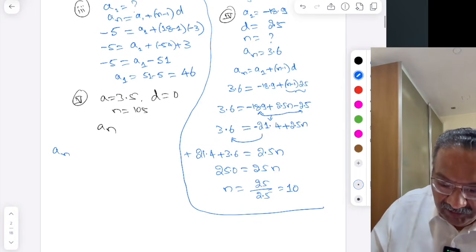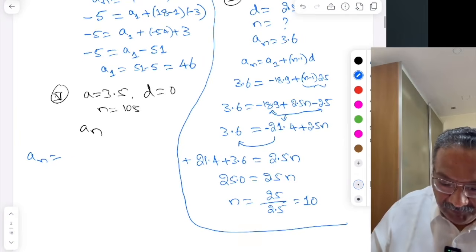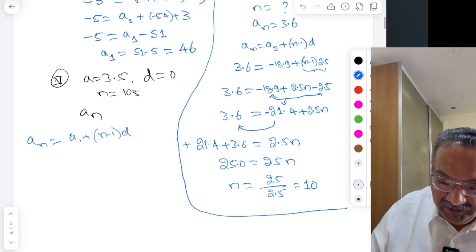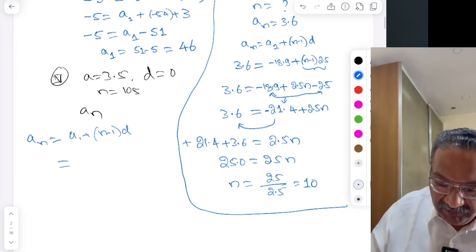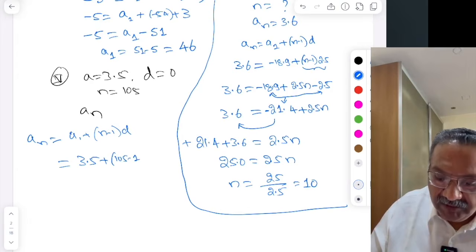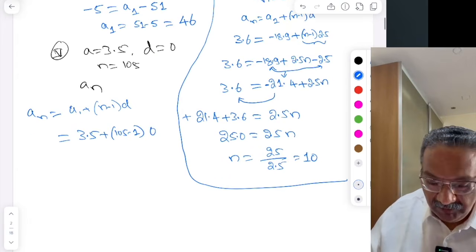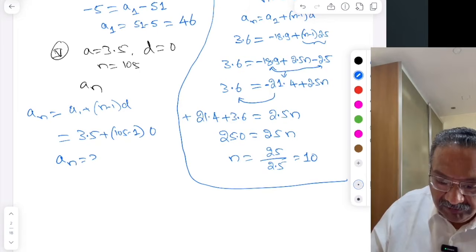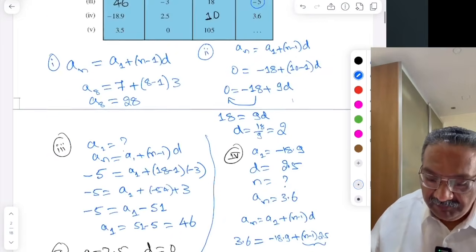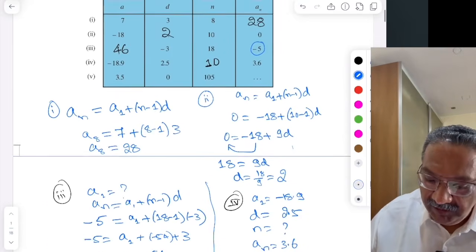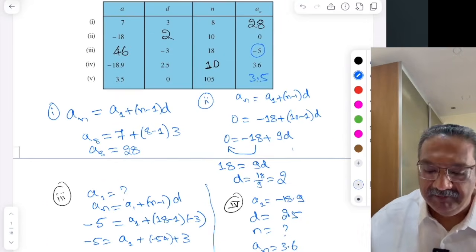So we know the formula, an is equal to a1 plus (n minus 1) into d. It's very simple. a1 is 3.5 plus (105 minus 1), d is 0. Anything multiplied by 0 is 0. So an will also be 3.5. Since the common difference is 0, in this particular case all the terms will be 3.5.